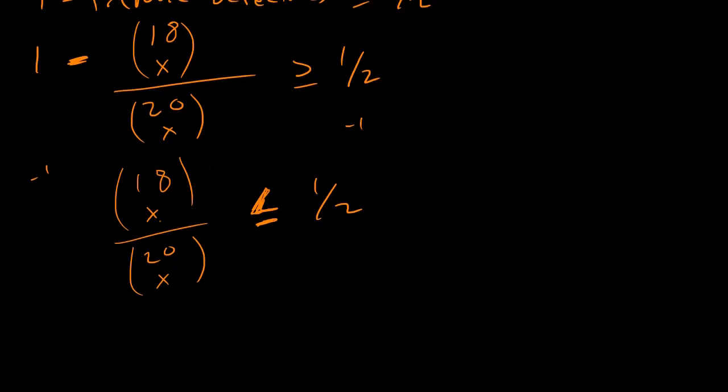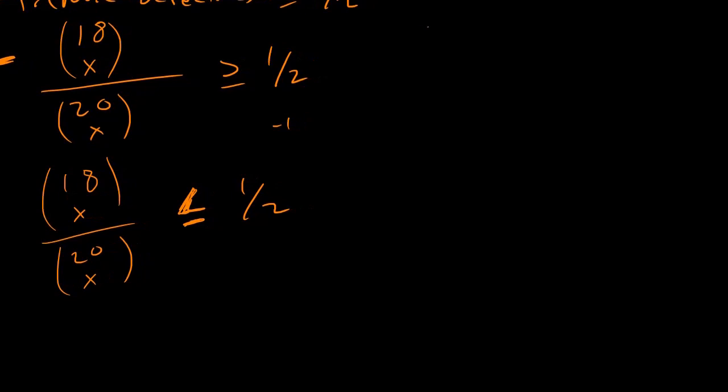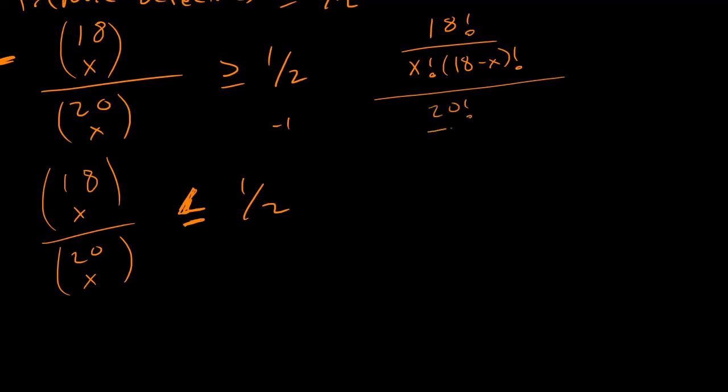I would need to go ahead now and use my formula for combinations. So I'm going to do that over here because I'm going to run out of room. So 18 choose X. What is that? That is 18 factorial divided by X factorial times 18 minus X factorial. That is straight up the formula for 18 choose X. All that divided by 20 factorial over X factorial times 20 minus X factorial.